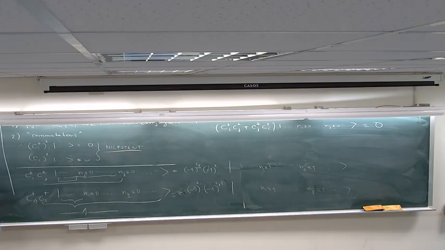If I do not put it there, then I would have trouble, or I will not get the anti-commutation. So what we get is that C dagger I, C dagger J plus C dagger J, C dagger I is equal to 0.